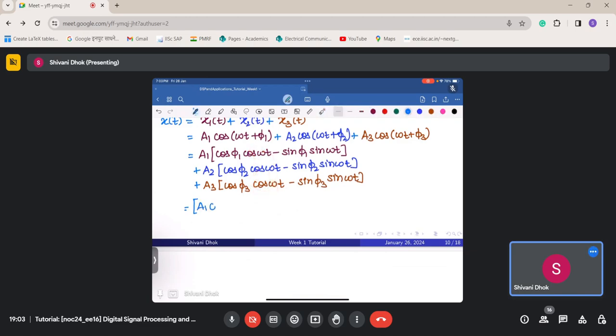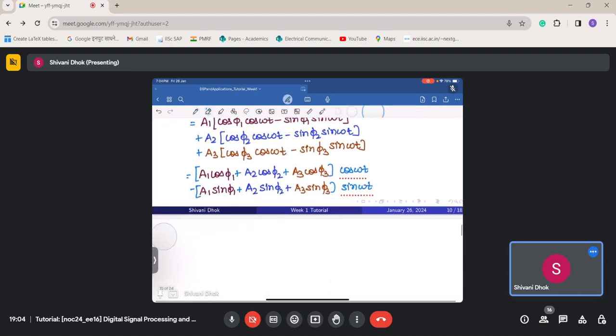We have a1 cos phi 1 plus a2 cos phi 2 plus a3 cos phi 3, into cos omega t, minus a1 sin phi 1 plus a2 sin phi 2 plus a3 sin phi 3, into sin omega t.